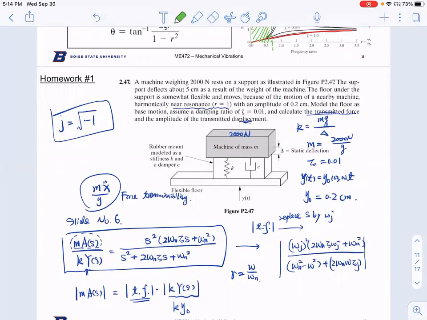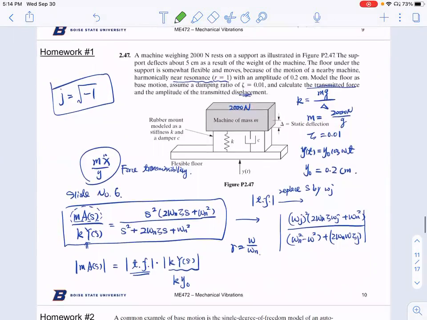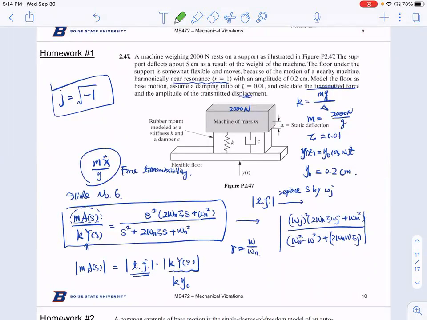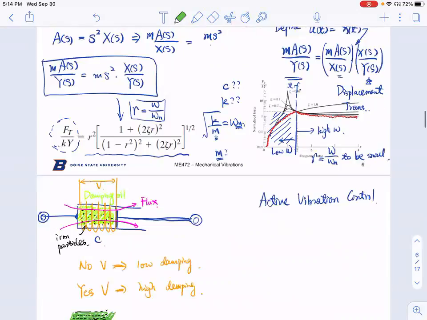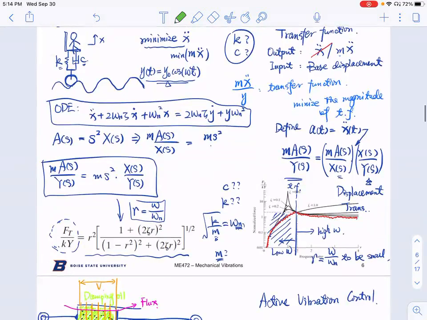So if we go down right here, guess I'm kind of confused. So the equation that you boxed in, you said that you got from slide number 6. Could we go back up to that for a second here? Yep. Where in number 6 do we get that from?